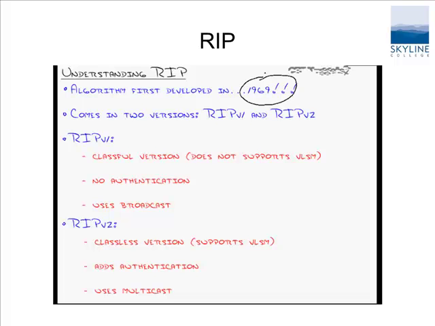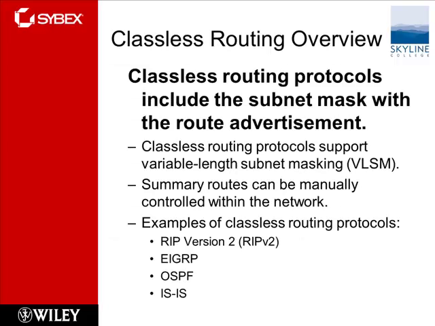So the differences between RIP V1 and RIP V2. RIP V1, classful, no authentication, is a broadcast protocol. RIP V2 is classless, has authentication. When we say authentication, it adds authentication for the exchange of routing information and uses a multicast address instead of using broadcasts.